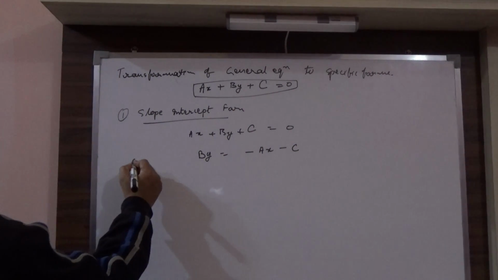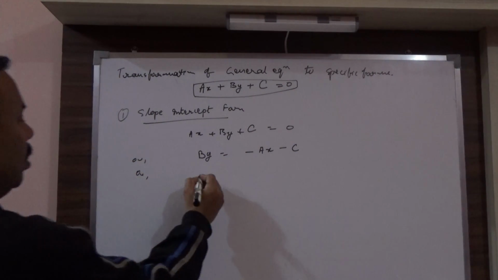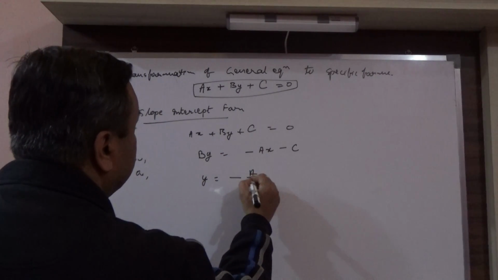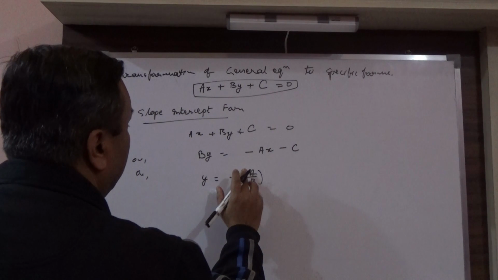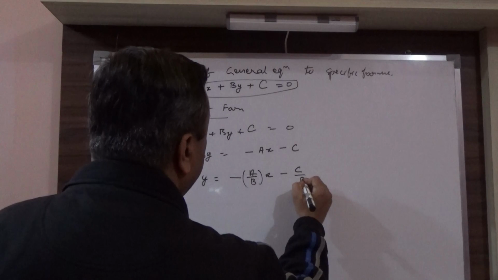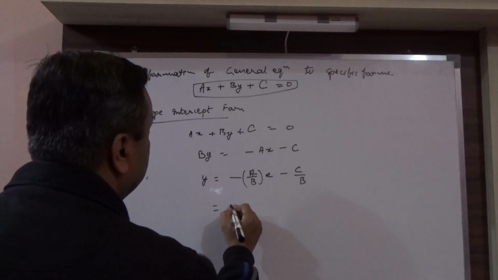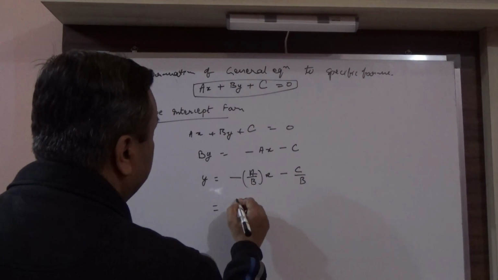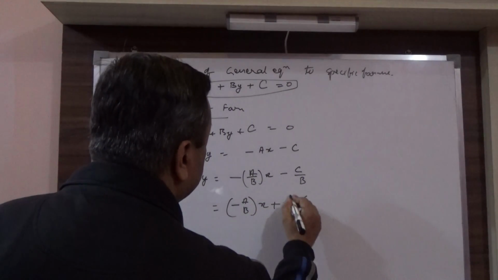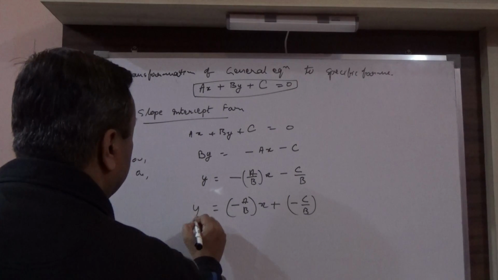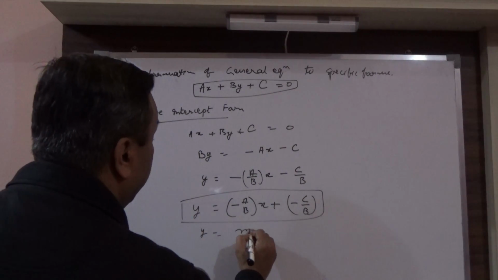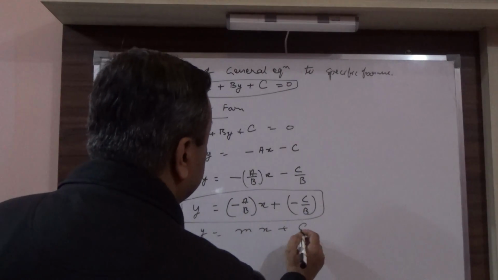I can write it as y equal to minus a over b x minus c over b, or you can write it as minus a over b x plus minus c over b. Okay, so now this is in the form of y equal to mx plus c.